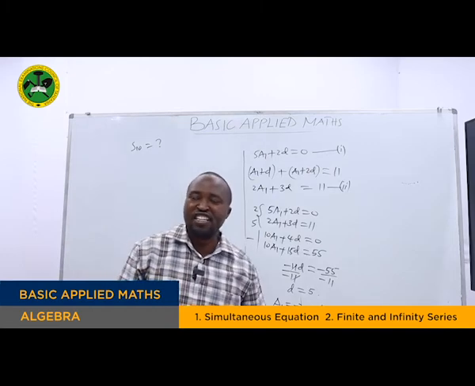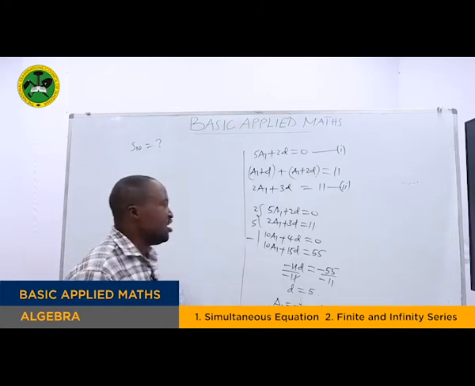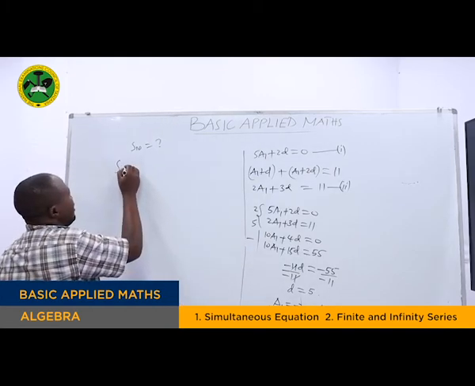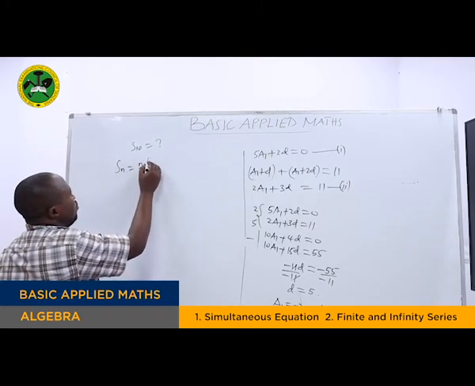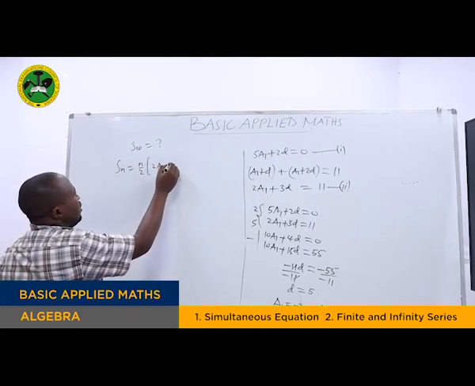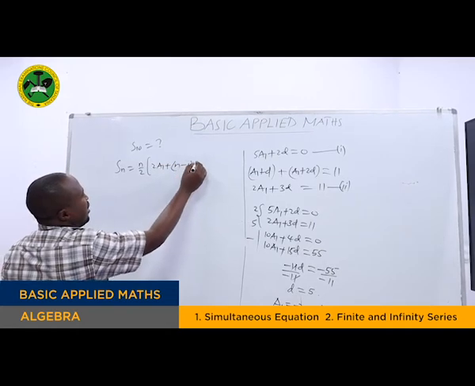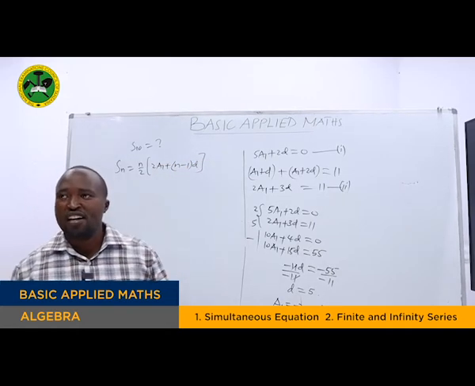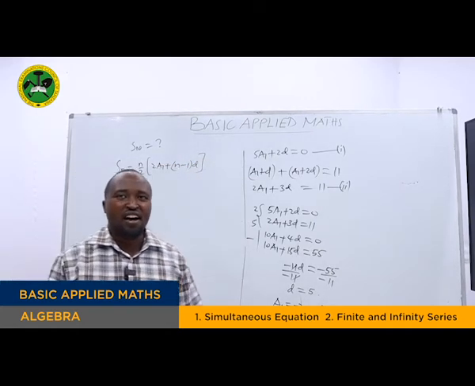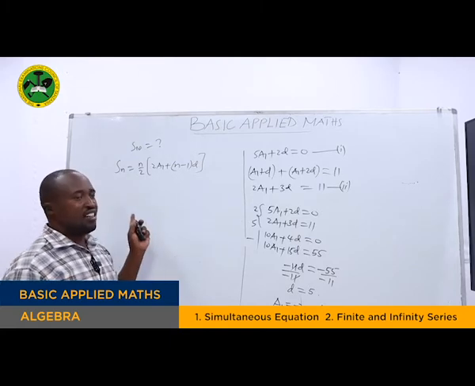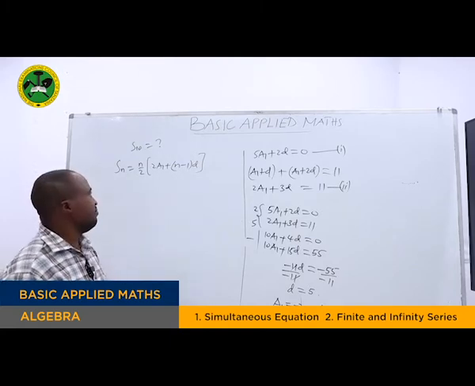Remember the formula for finding the sum of an arithmetic progression, which says Sn is equal to n over 2 bracket of 2a1 plus (n minus 1) times d. That is the general formula for finding the sum of an arithmetic progression.